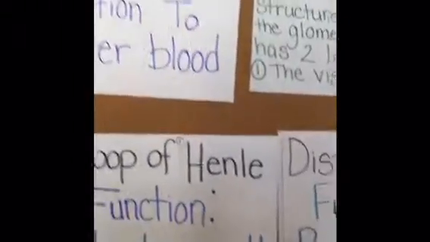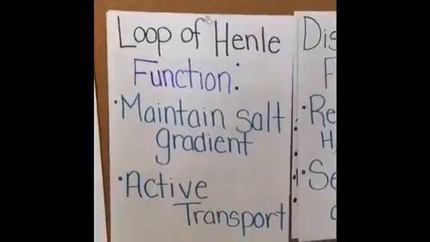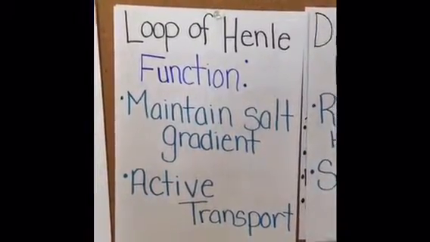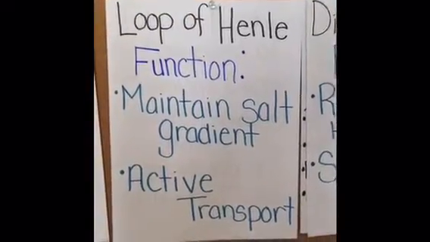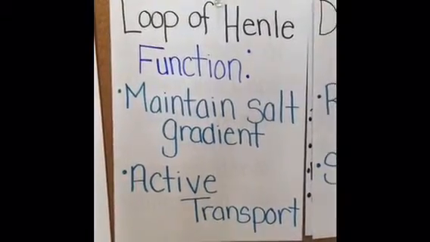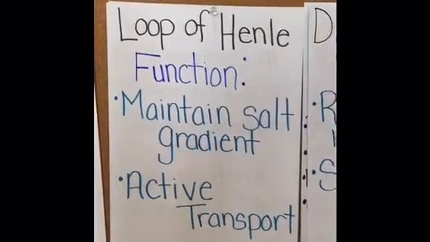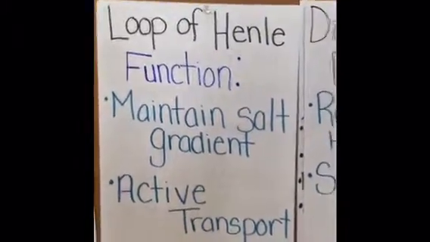In the loop of Henle, the main function is to maintain the salt gradient, and active transport occurs here as well. To maintain the salt gradient, our body will send our kidney messages telling us to either reabsorb or stop reabsorbing more salt.